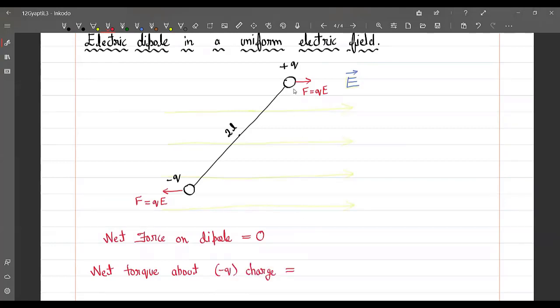That will be equal to force into the perpendicular distance of the force from the charge. So I'll extend this line and drop a perpendicular from the axis, that is from the minus Q charge. So I have to measure this length.